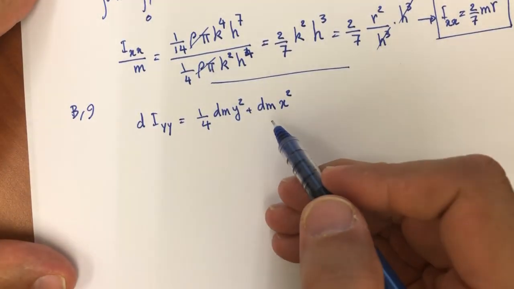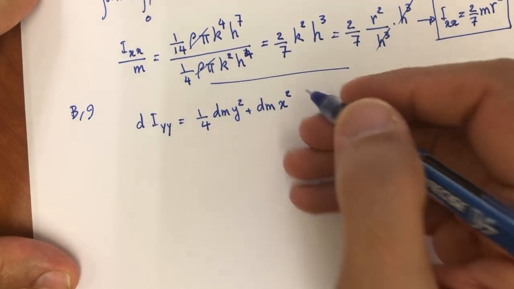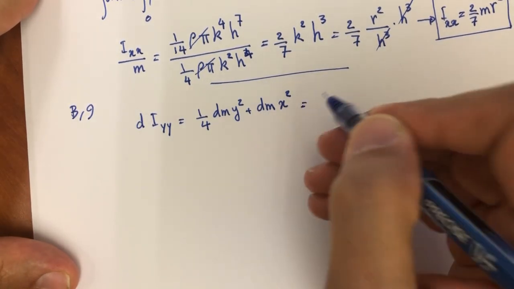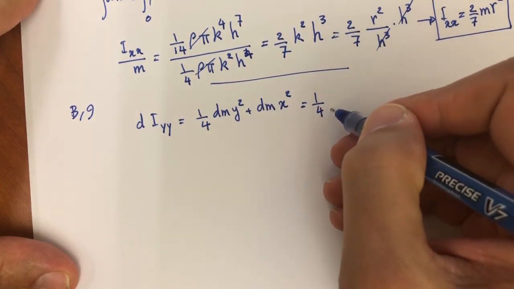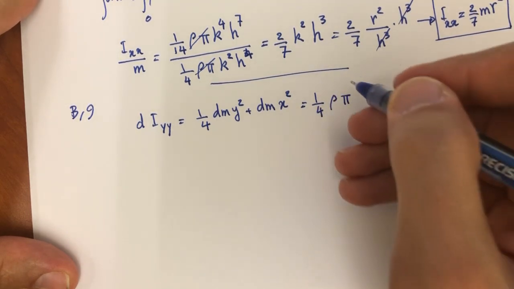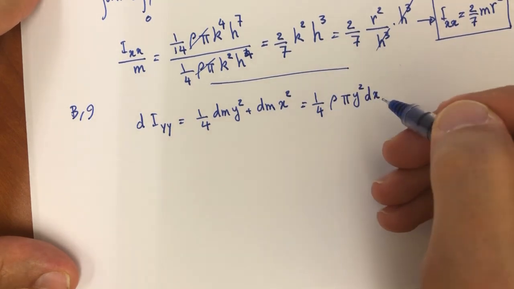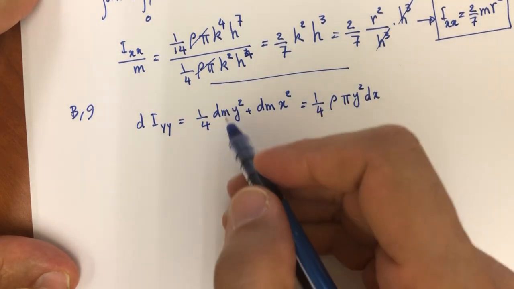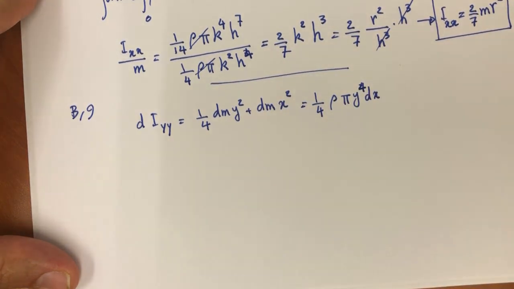Then because we have dx, we need to write everything in terms of x to be able to do this integral. So here I'm going to have 1/4 times dm, which is rho pi y squared times dx, times y squared. So I'm going to have y to the power of 4 here.